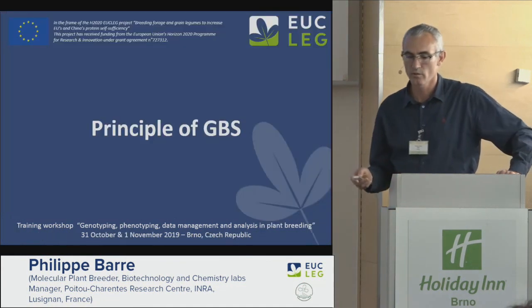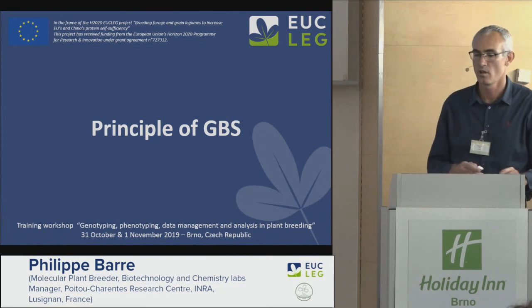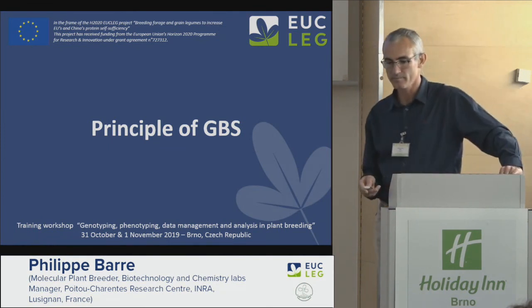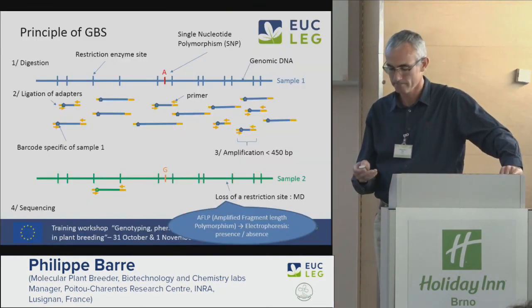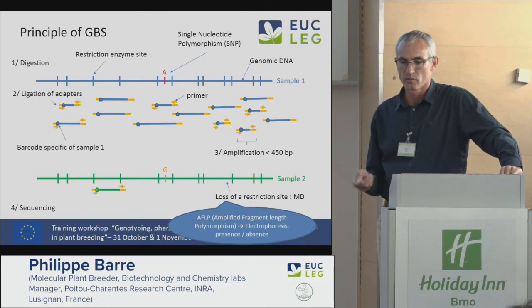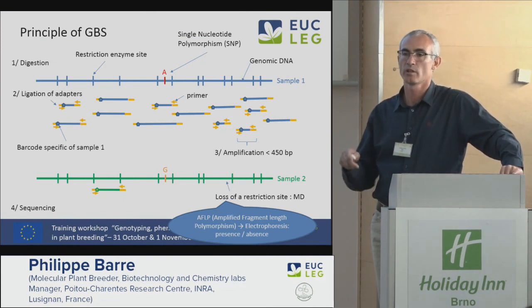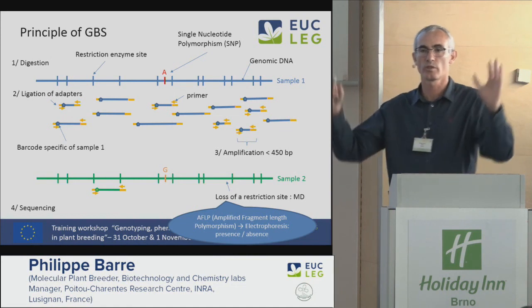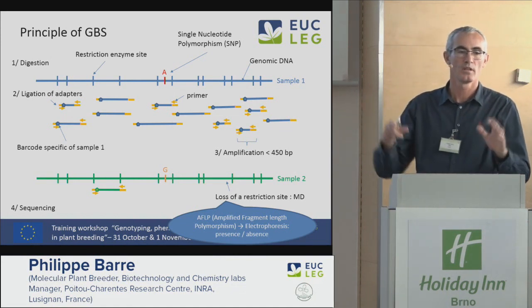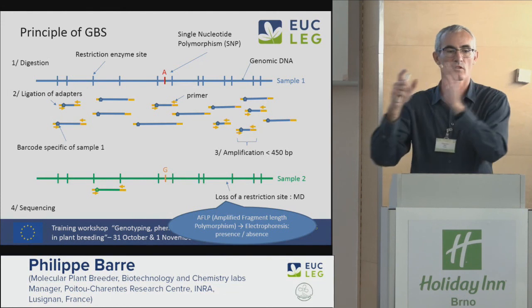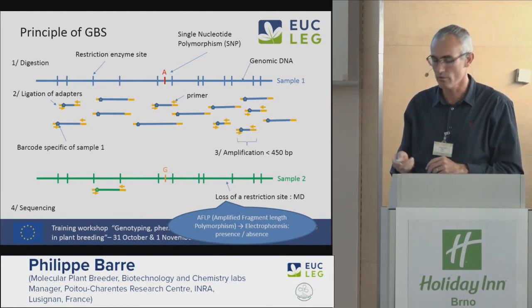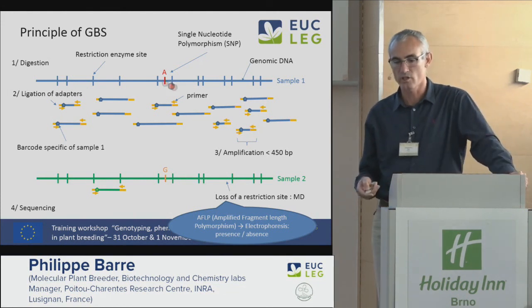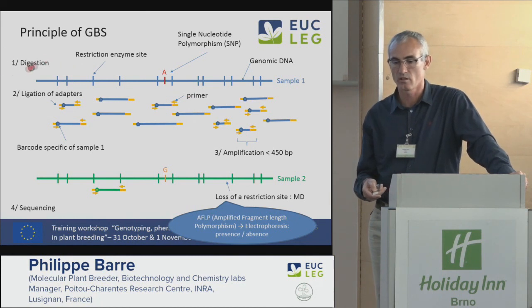So now I will go through the general principle of GBS. We want to reduce the diversity of the genome, and we want to sequence only part of the genome. So the first step is to digest the genome.